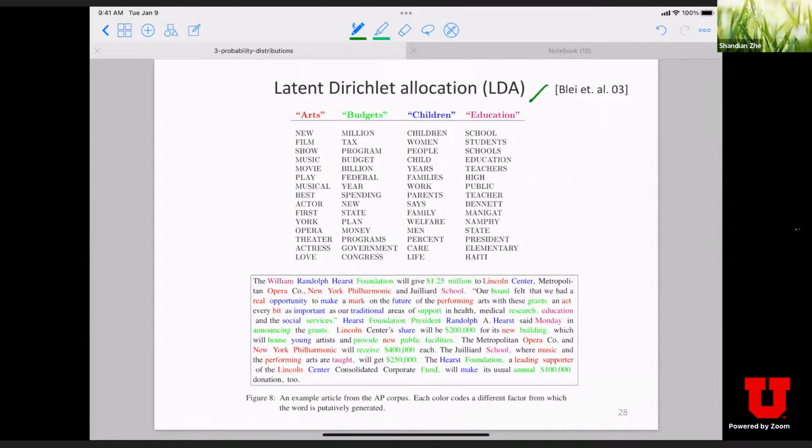So they use the Dirichlet distribution. Then the whole work is about how to automatically infer the posterior distribution of those word distributions according to the data. We're going to go through the details of this latent Dirichlet allocation model later, but here, just to give you a sense.